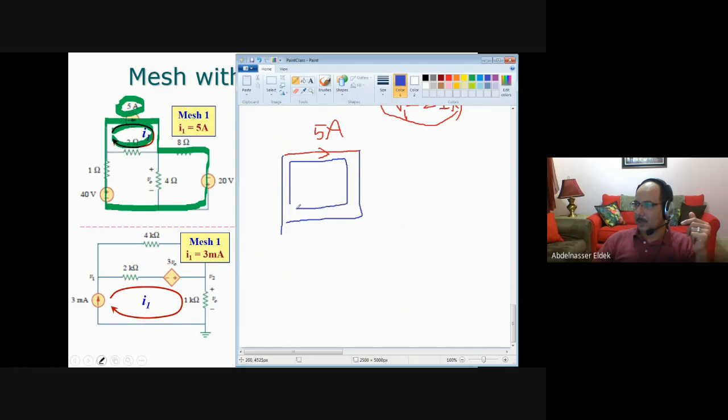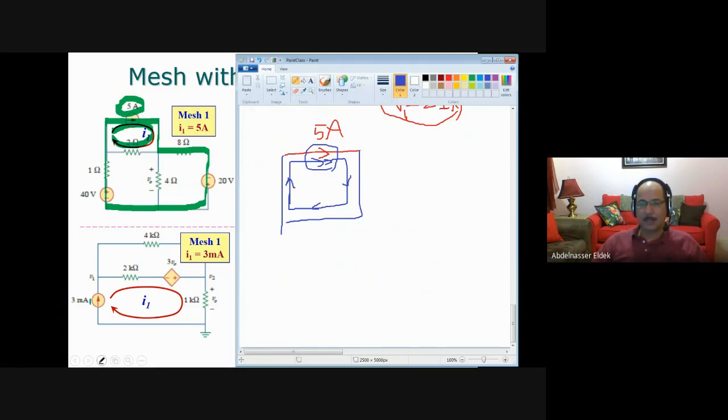Looking at this branch, both of them are in the same direction, so I1 equals 5 ampere.